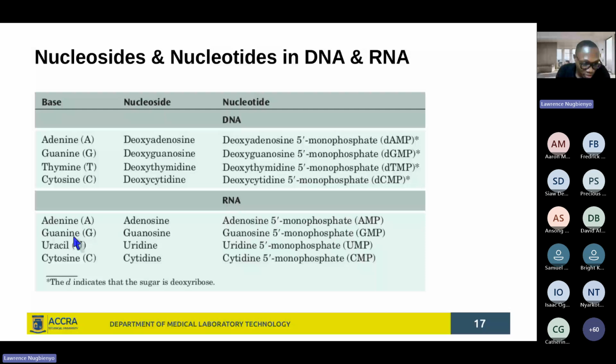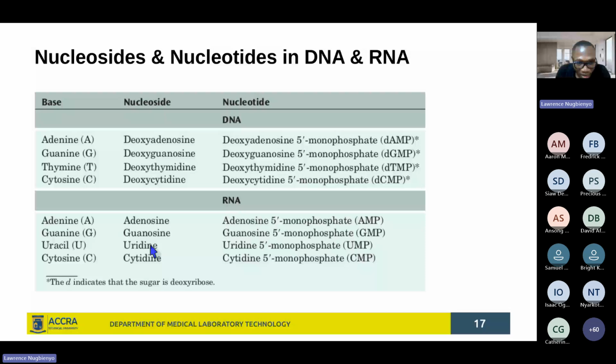So remember, in place of thymine, you now have uracil, and then you have cytosine. Here too, the bonding of the bases is on the ribose. So this time around, the sugar is ribose.